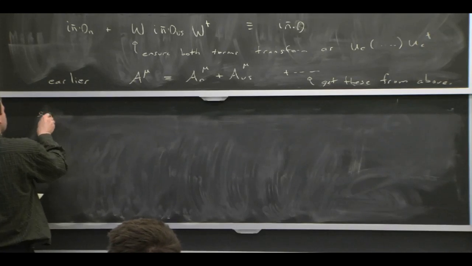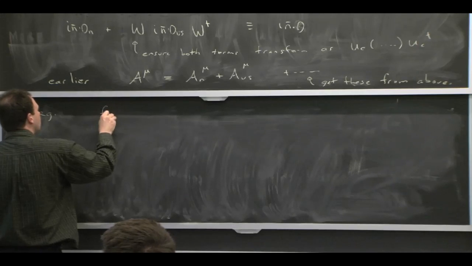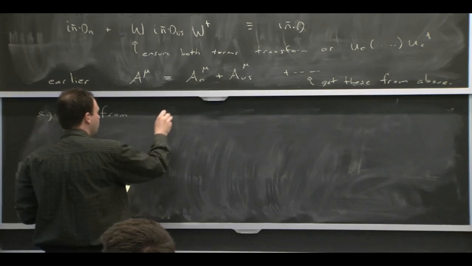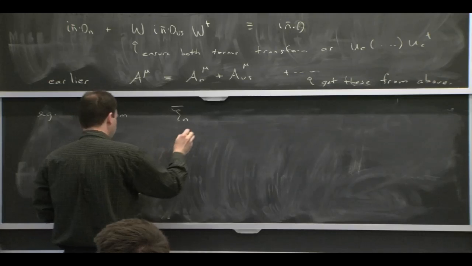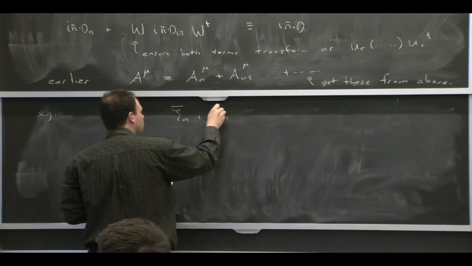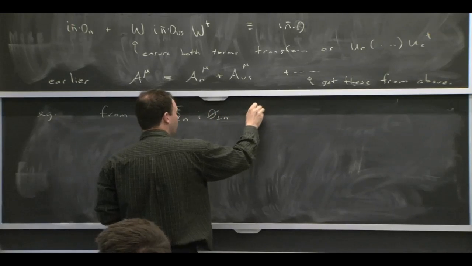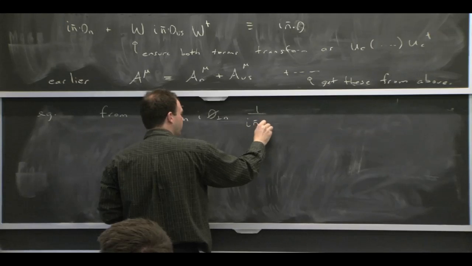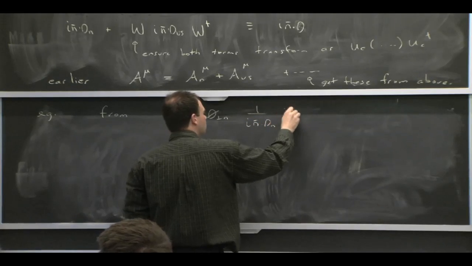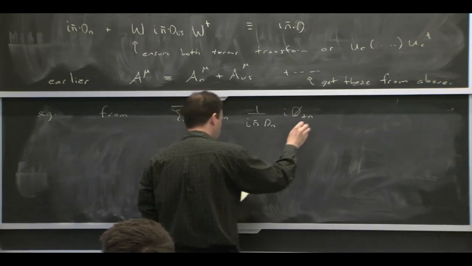Okay, so let's do one example of a subleading term. So we had an operator that involved covariant derivatives that were collinear. This one.